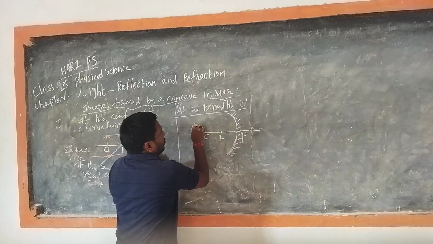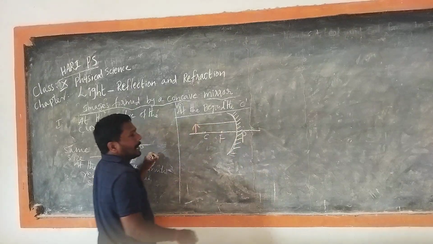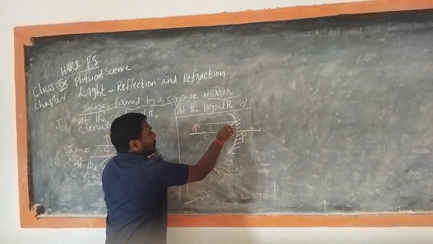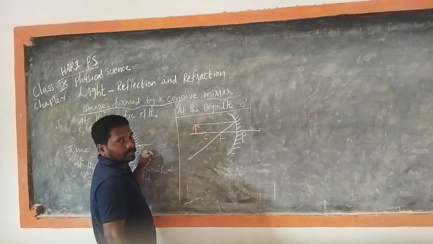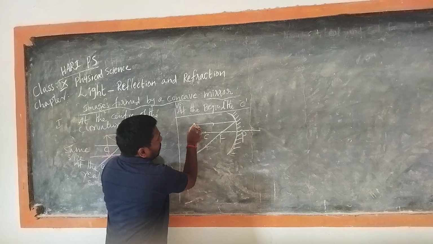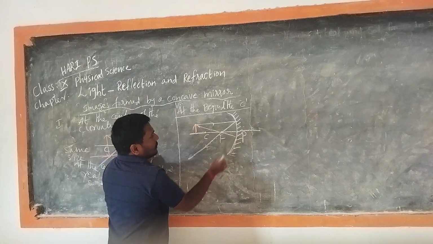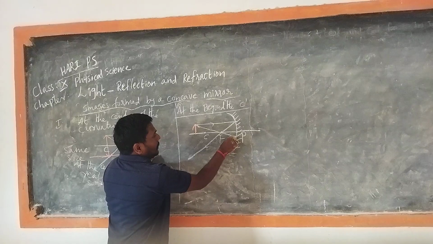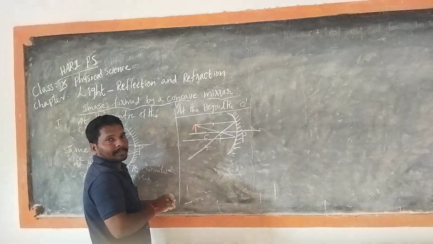One light ray is parallel to the principal axis. As usual, what will happen? It passes through the focus. Then one more ray is passing through the focus. After that, it becomes parallel to the principal axis.